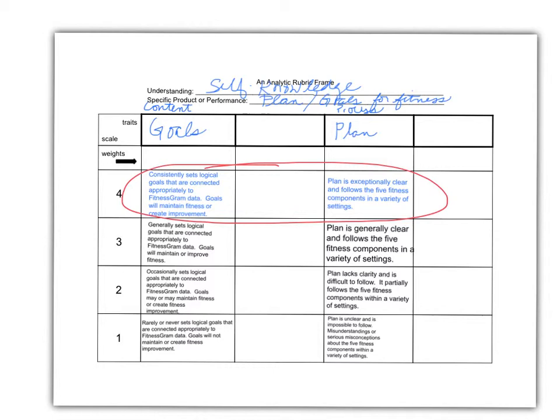If the answer to that is yes, and in this case I think it is, then you just need to do a little bit of tweaking with your wording just to make sure everything's worded the way you want to.